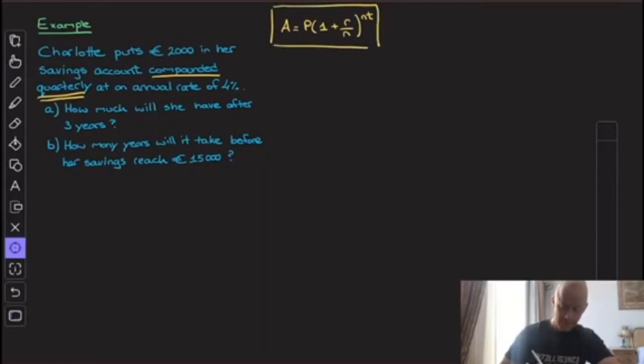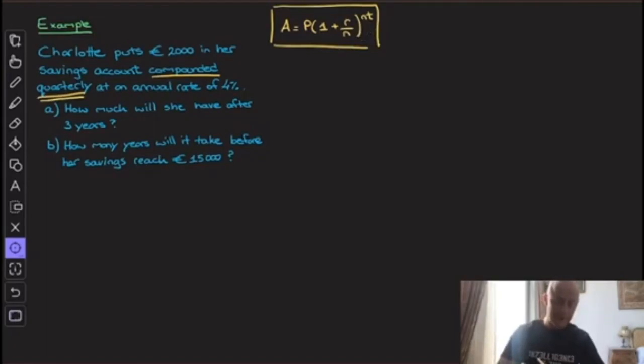Okay? For the sake of reminding you, P is the initial amount that's put in the savings account. R is the interest rate expressed as a decimal. N is the number of times interest is applied. And T are the number of years that go by. Okay, so T is time in years.